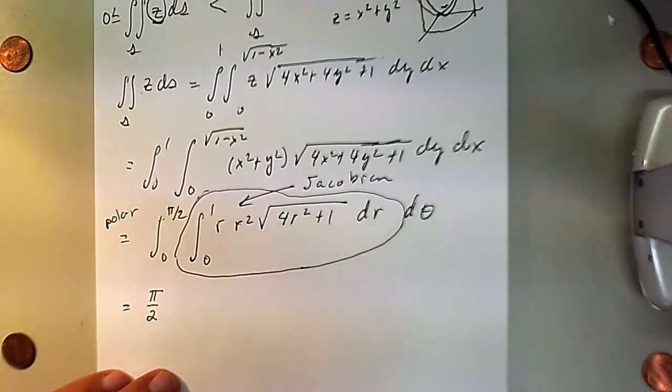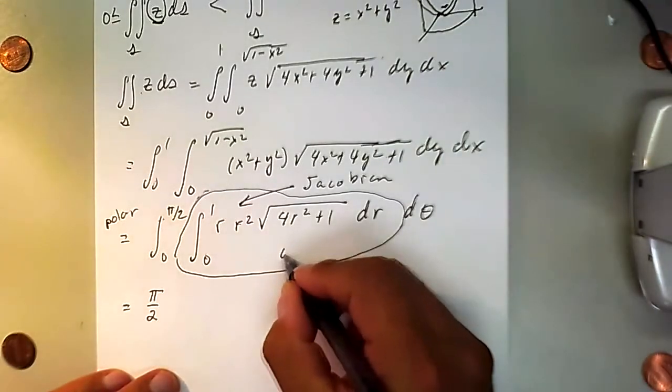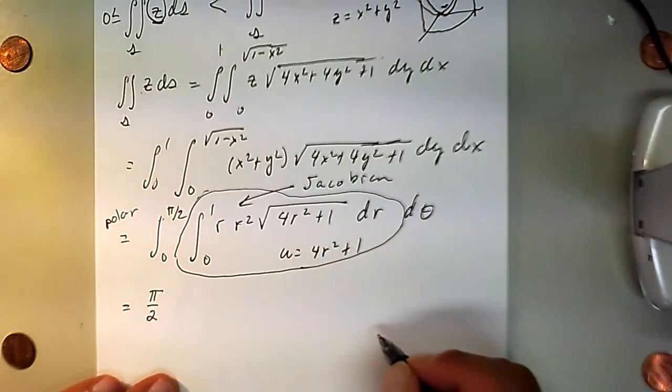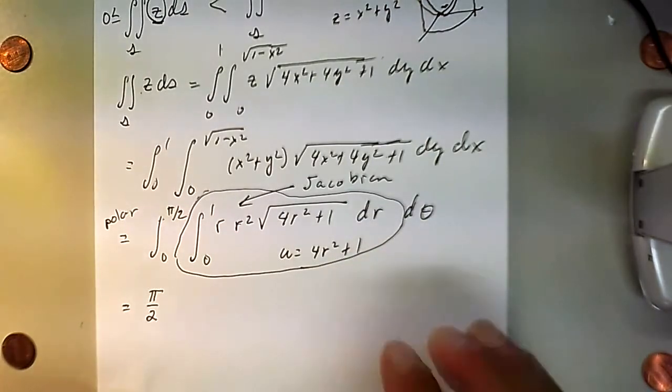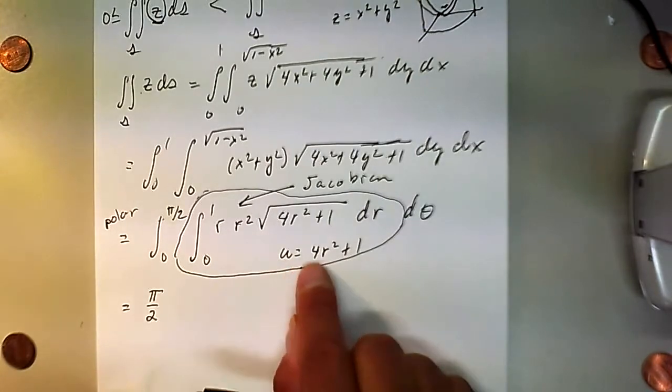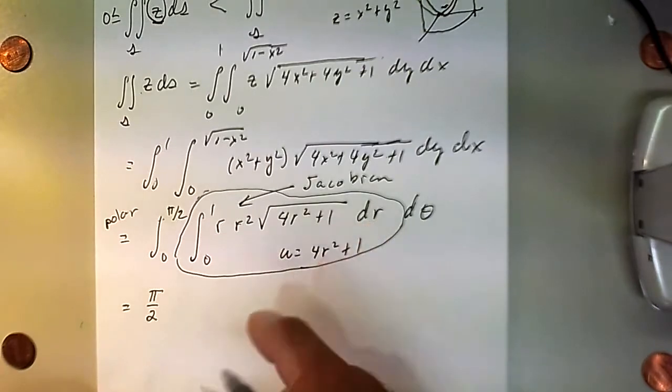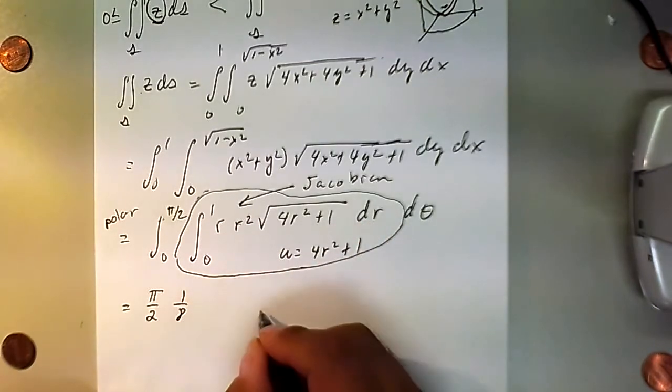We can still set u to be 4r squared plus 1. That is going to cause du to be 8r dr. So we have an r and dr, we have to divide by 8.